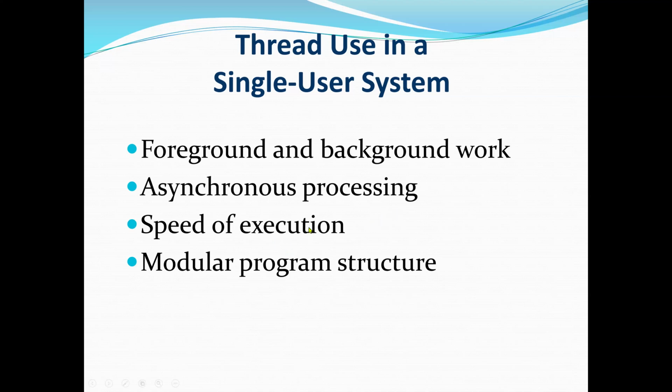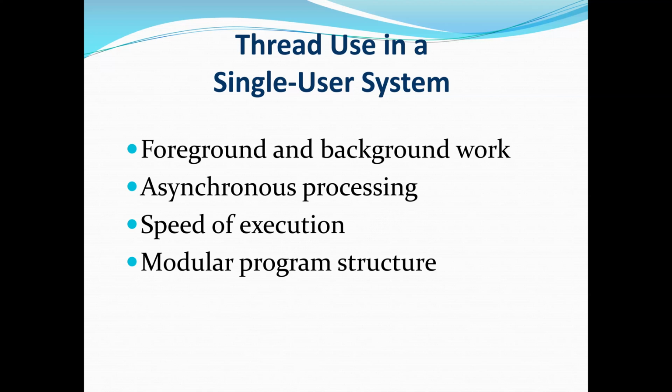Also, the speed of execution is good. A multi-threading process can compute one batch of data while reading the next batch from a device. On a multi-processor system, multiple threads from the same process may be able to execute simultaneously.